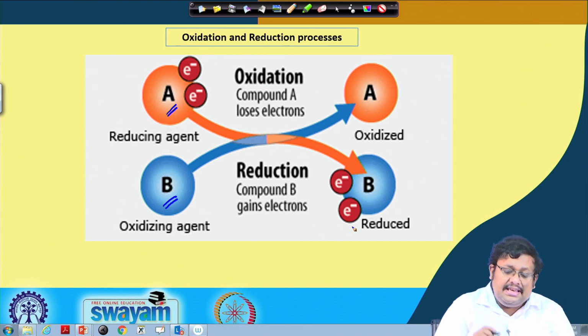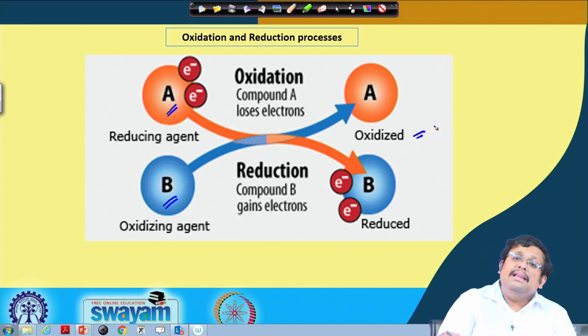You can see here the reducing agent, which has an excess of electrons, can give this excess of electrons to the oxidizing agent, and by removing those excess electrons it is oxidized.